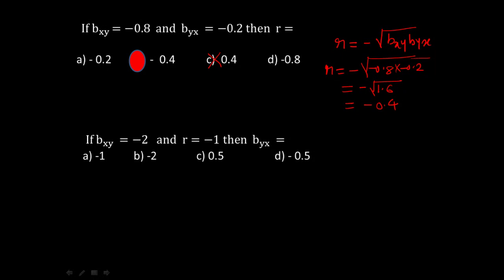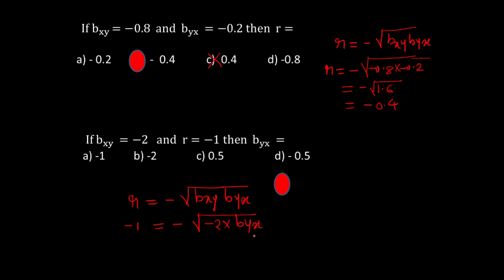So again we make use of the same formula. r is equal to, all are negative, so we write minus of under root of bxy into byx. r is minus 1, so that is equal to minus of under root of minus 2 into byx.